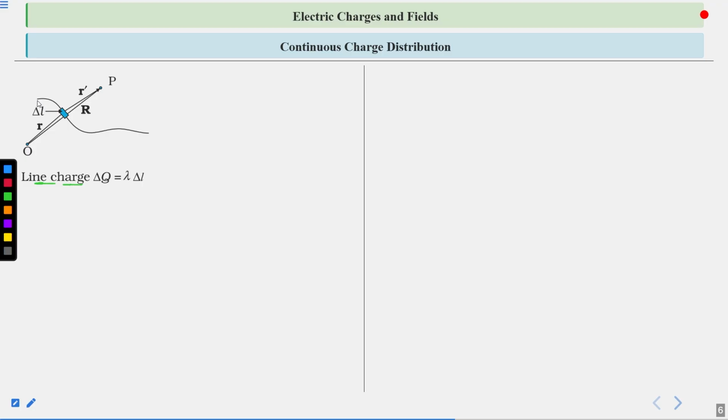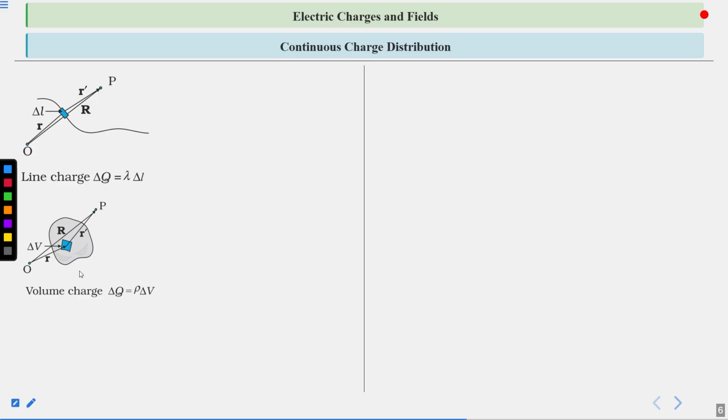We have a wire of length L, and the charges are spread along a small length element delta L. So how much charge does delta L contain? If we talk about the linear charge density lambda, the total charge is lambda into delta L.